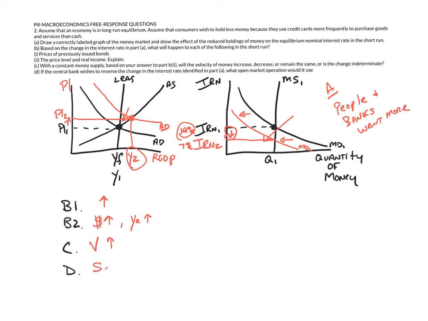They would sell bonds, and so they would decrease to here. Remember, sell to make the money supply smaller, and of course you can see that that would actually increase nominal interest rates. So they'll slow down the velocity of money.